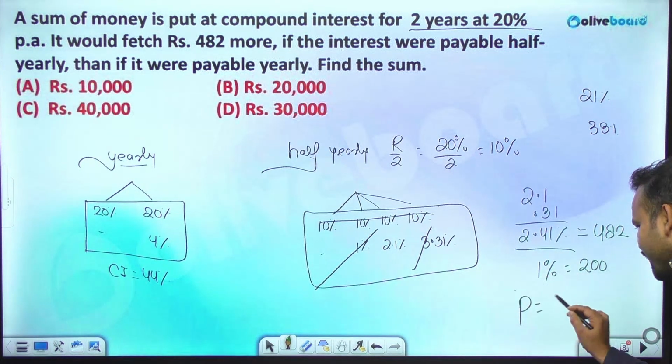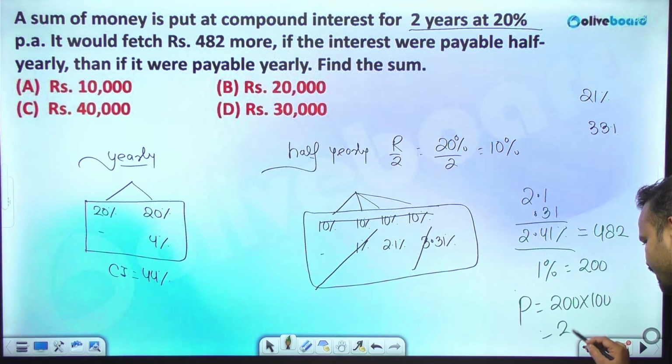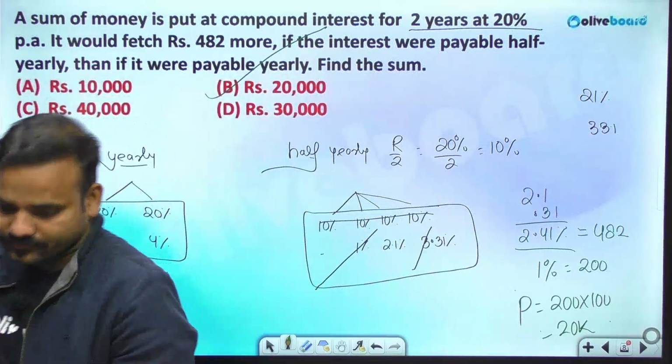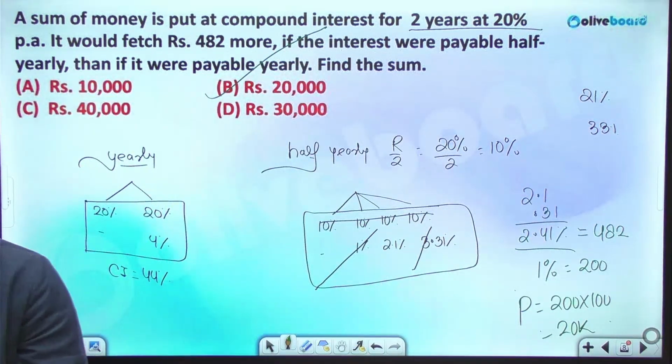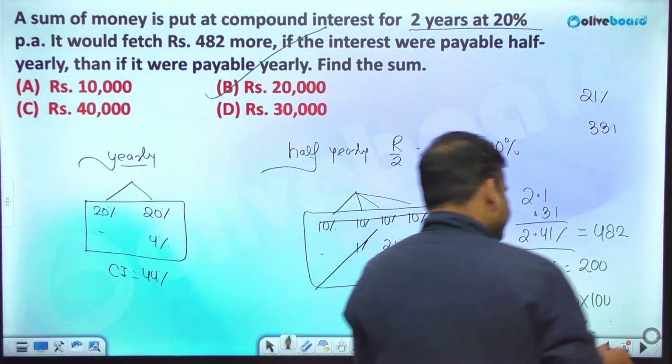So the principal value will be 200 times 100, that is 20,000. Clear? The principal value will be 20,000.